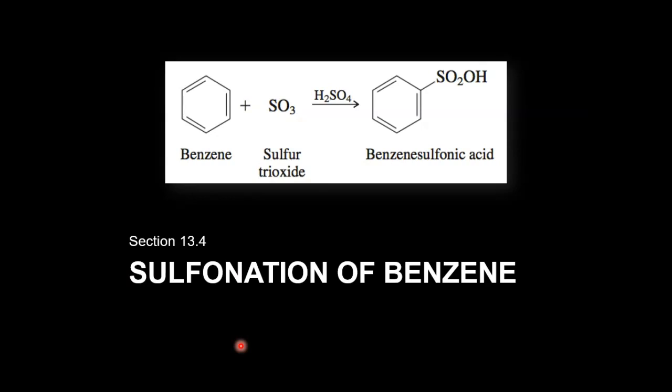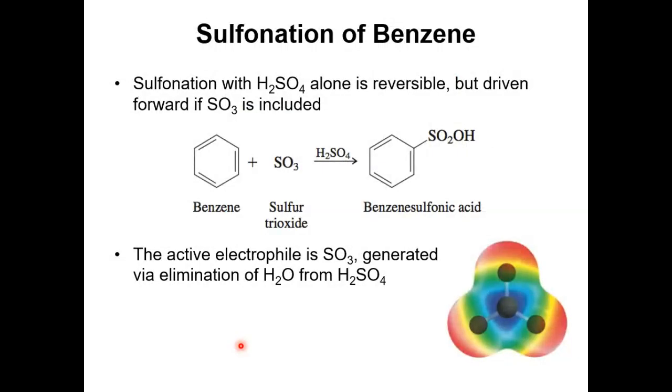Now, sulfonation of benzene. The real electrophilic reagent is not as clear cut as in the nitration, but most studies suggest that SO3 is the real electrophilic reagent in the sulfonation reaction.